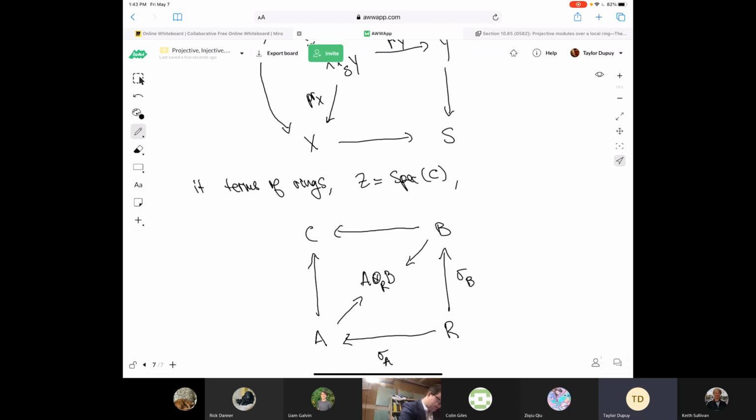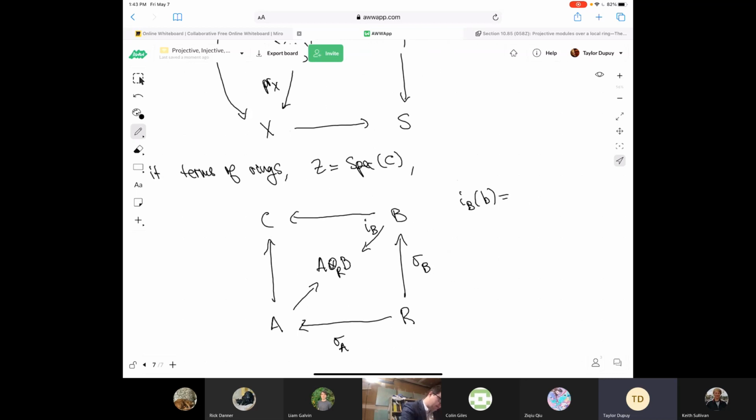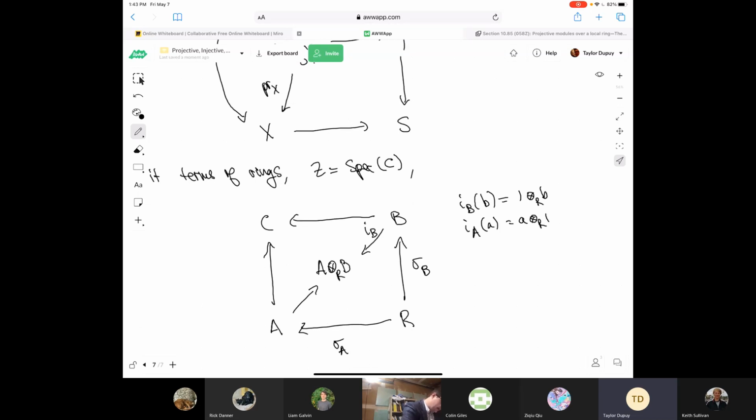We'll call this i_B, and i_B of b goes to 1 tensor over R b, and similarly i_A, a tensor over R 1. And then we get a universal map here too. So whenever we're in this situation, we get a map like this.